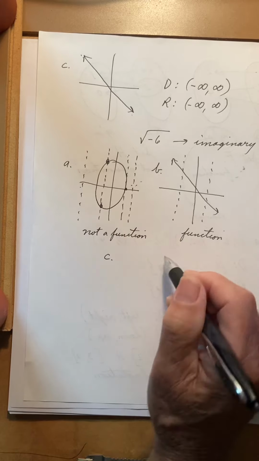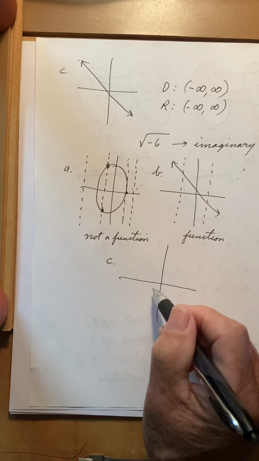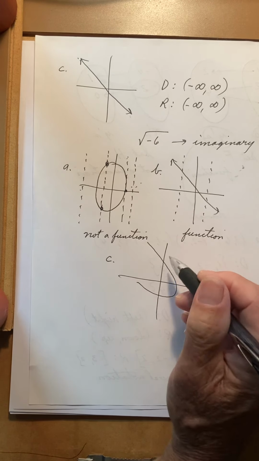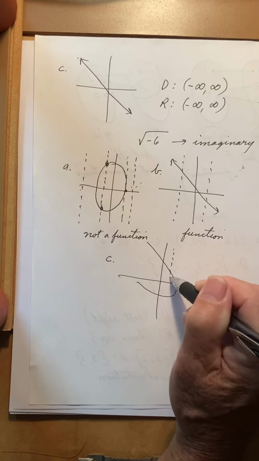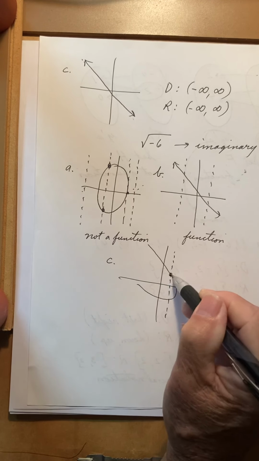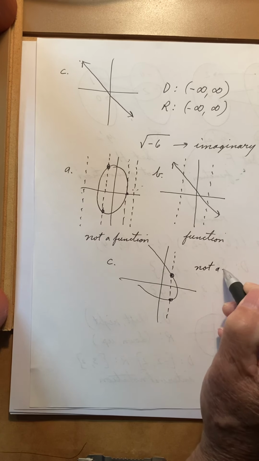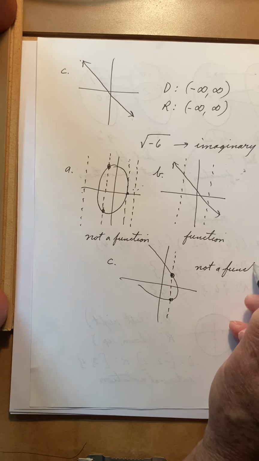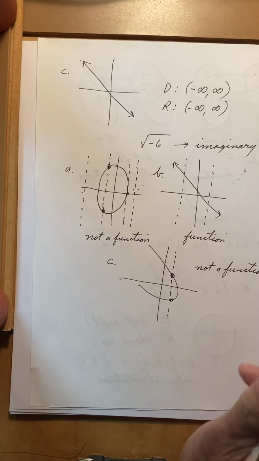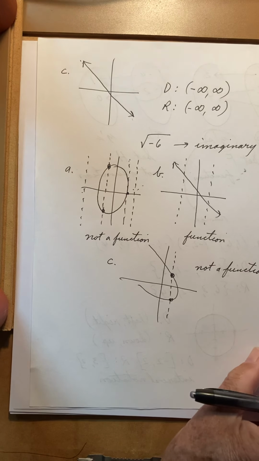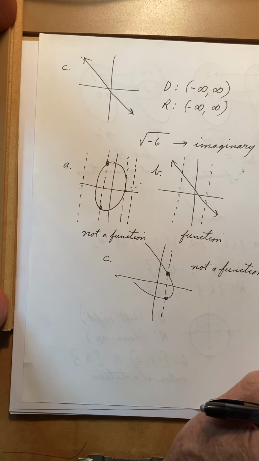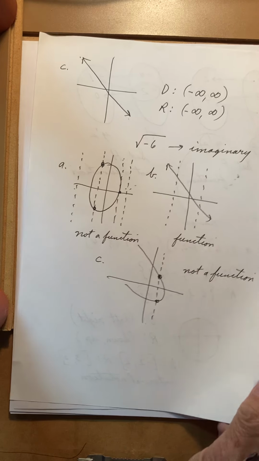And for part C, we have this graph, and you can see that right here, it touches more than once, so it's not a function. So the vertical line test is very useful whenever you have the picture of a graph given to you.